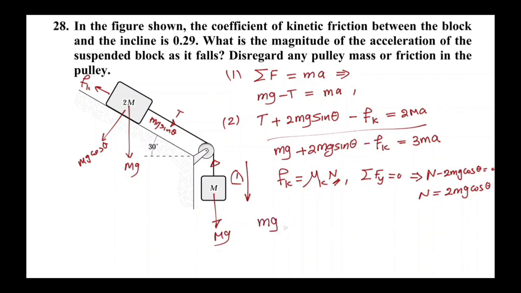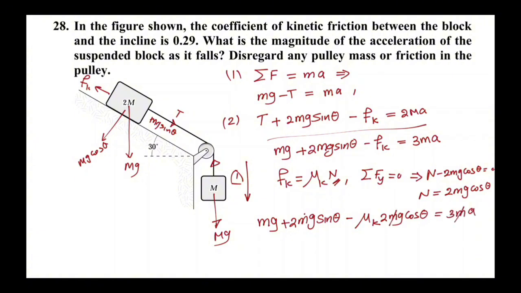You will get mg plus 2mg sine theta minus mu k 2mg cosine theta equal to 3ma.